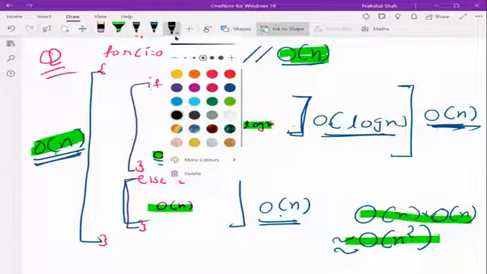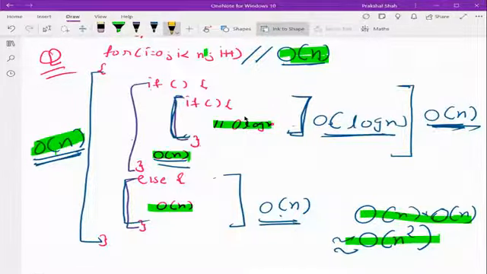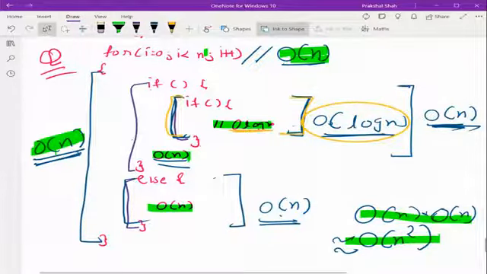So see, for this inner if, it is clear that it will be order of log n. Yes or no, Mac? Okay? And if you are talking about this outer loop, just a second. This is order of n, right? So out of this order of n and order of log n, which is worst?